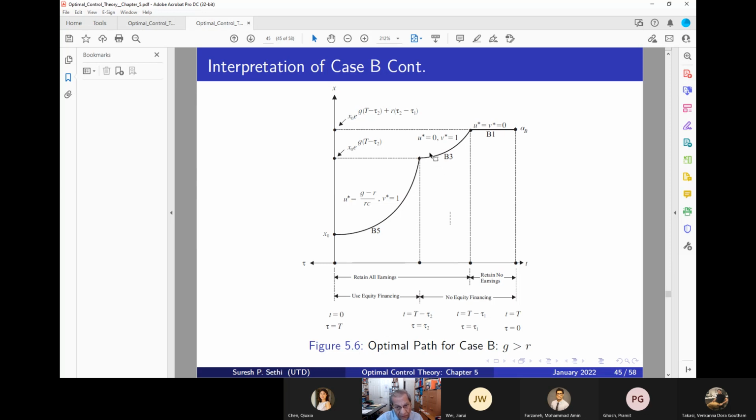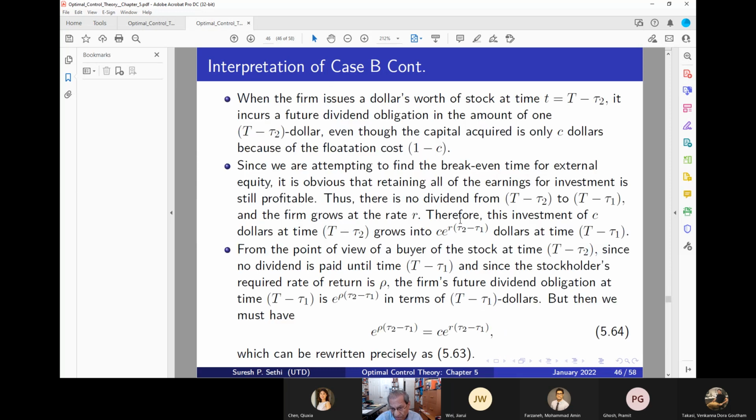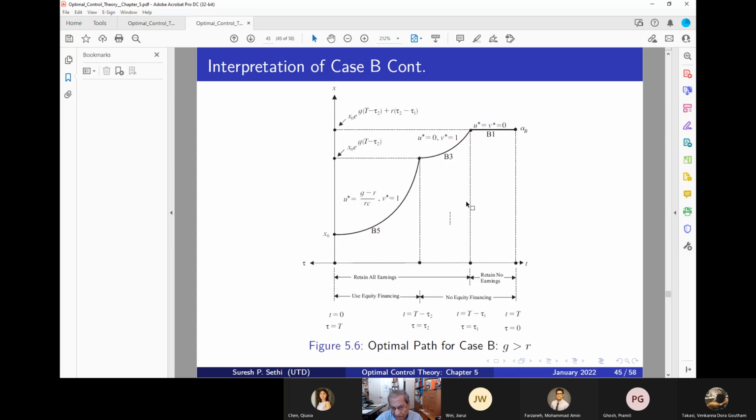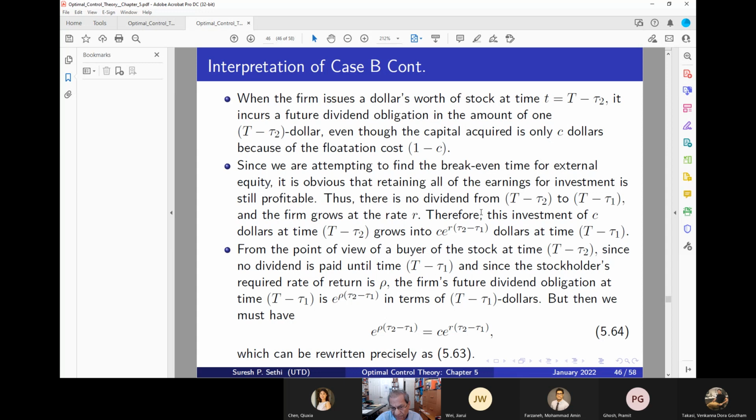All earnings accumulating to C are invested. So the C is growing at rate R. Every dollar in the company is growing at rate R, so does C. This is the amount of time the C has, and it grows at the rate R, so this compounding rate of R gives you this amount of dollar at time t minus tau 1.